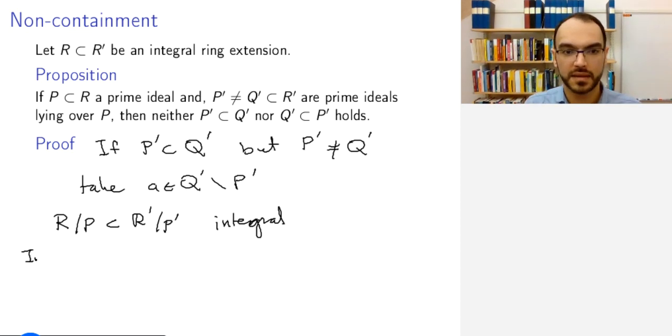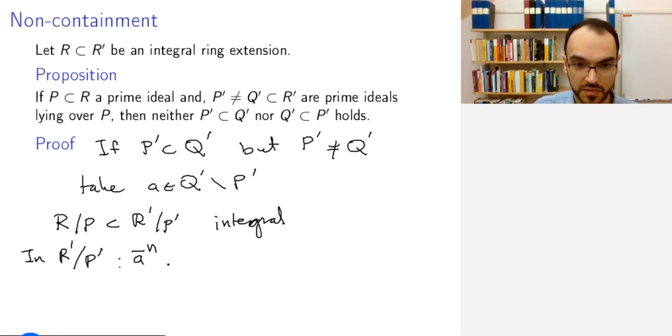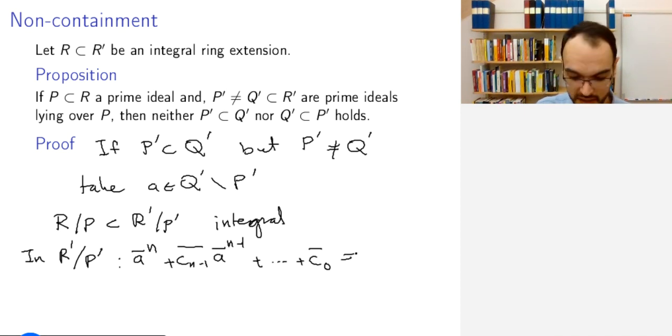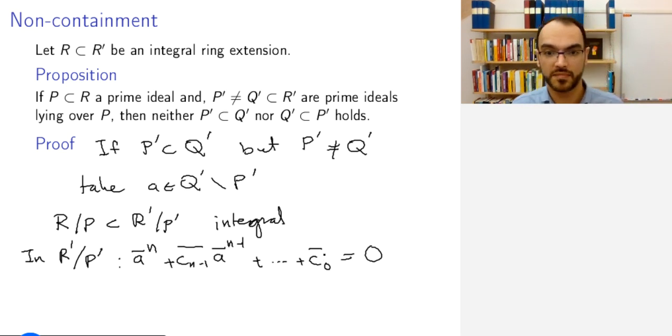Therefore, in R prime mod P prime, we will be able to write the following equation. A bar to the power n plus Cn minus 1 bar A bar to the power n minus 1 plus and so on plus C0 bar equals 0, where all the Ci are in R. So here I am using the quotient notation using bars.